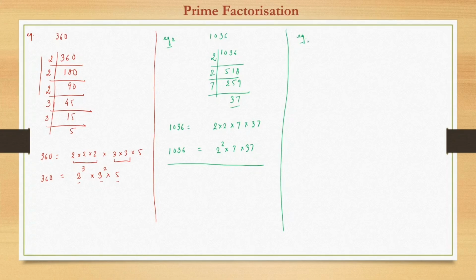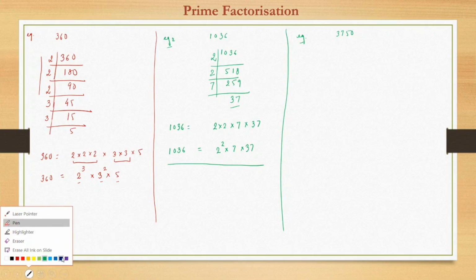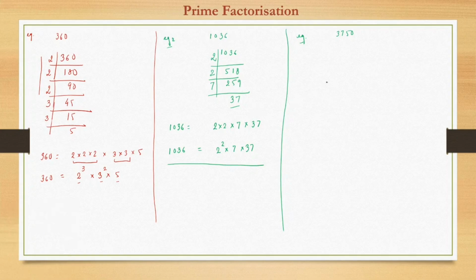Another example, we will take any random number, say 3750. Again we check how to prime factorize 3750. First of all, it is divisible by 2, giving 1875, right?